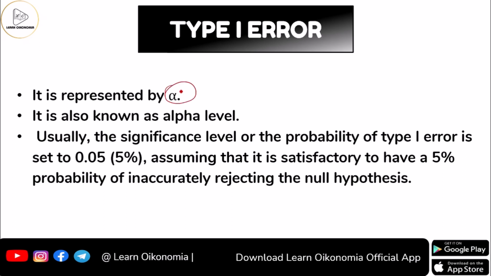That is why you call it the alpha level. And the significance level, or the probability of type 1 error, is usually set as 0.05, or 5%, and here we are assuming that it is satisfactory to have a 5% probability of inaccurately rejecting your null hypothesis.